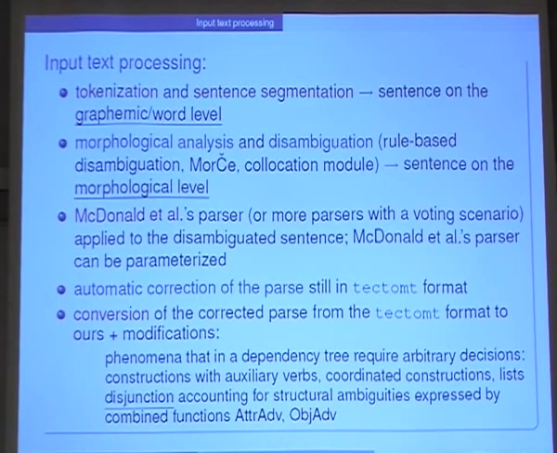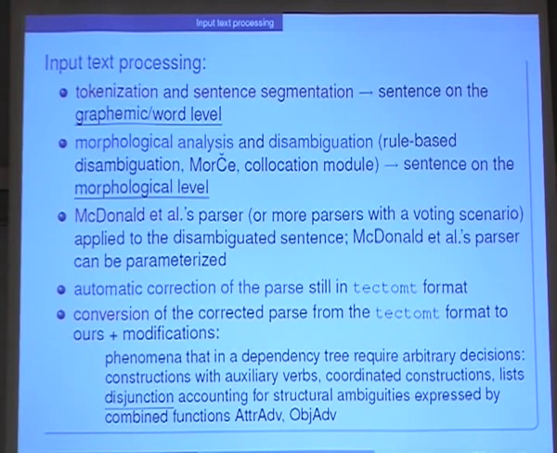How the input text is processed. Here, there are several steps of the sentence being processed. First, the sentence is tokenized and sentence segmented. The result is a sentence on the graphemical word level. Then comes morphological analysis and disambiguation in a classical way. So we use a classical morphological analysis by Jan Hajič and others.